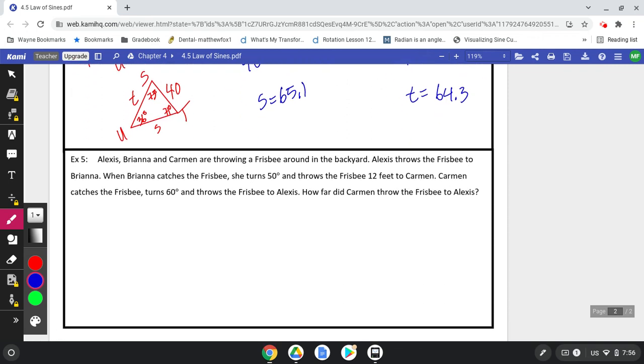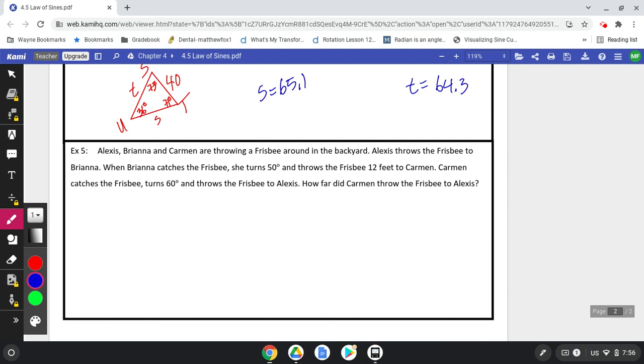Now, the final problem I want to look at today is a story problem. Imagine we have these three friends, Alexis, Brianna, and Carmen. They're throwing a frisbee around in the backyard. Now, we know that Alexis is starting with it, and she throws the frisbee to Brianna. Okay, I'm going to put A to B. Brianna catches the frisbee, turns 50 degrees.